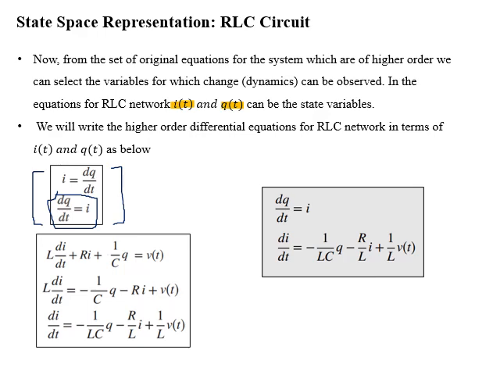Now for first order differential equation of current, we will use KVL equation of the circuit. In this equation, integral of current will be replaced by charge, then terms involving derivative of current will be on one side of equation, and all other terms will be shifted to other side of the equation.